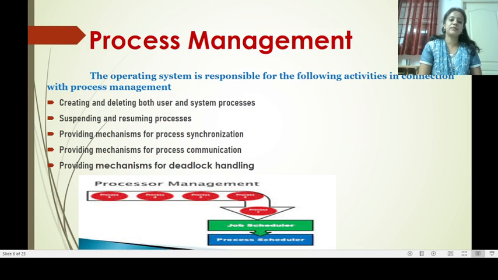The operating system should decide which process to allocate to the CPU, when, at what time, and which process next. Allocating a process to a processor is also decided by the operating system. Not only that, once the process finishes its execution, it deallocates the CPU from the process and allocates it to another process.